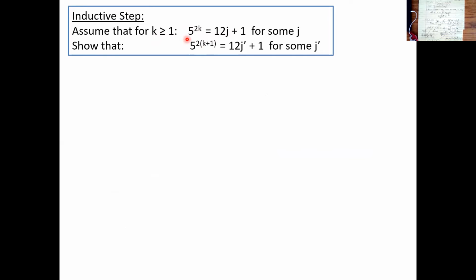The predicate really was that this power 5 to the 2k is expressible as 12 times something plus 1. And under this assumption, I want to prove that 5 to the power of 2k plus 1 is also equal to 12 times something, but that could be something different, right? Plus 1. This is a statement that 5 to the 2k minus 1 is divisible by 12, and this is a statement that 5 to the 2k plus 1 minus 1 is divisible by 12.